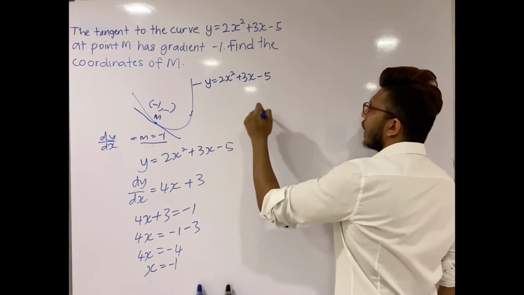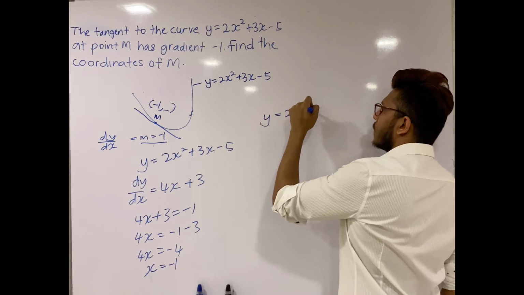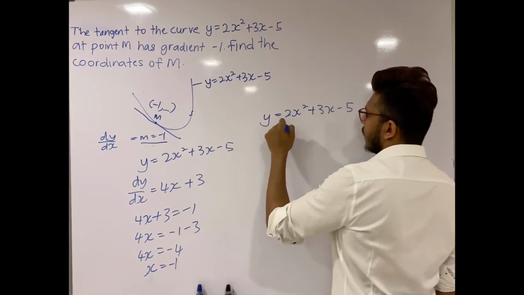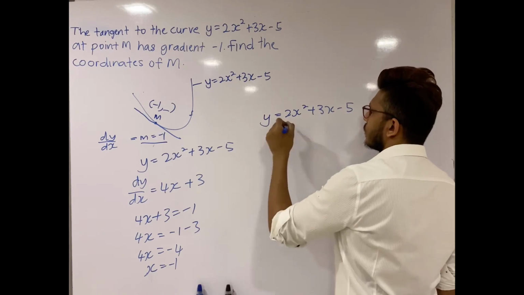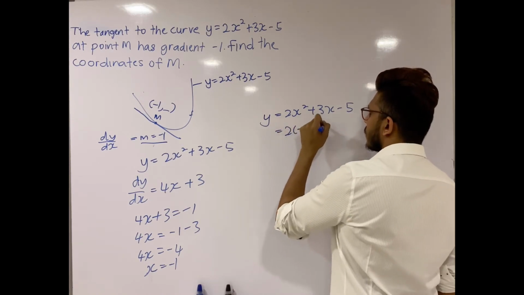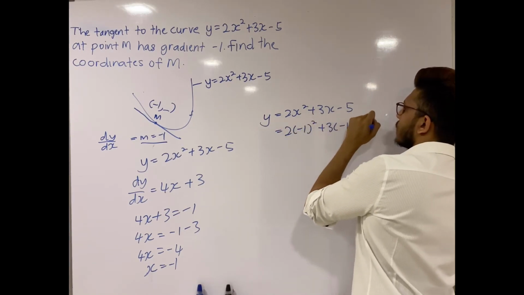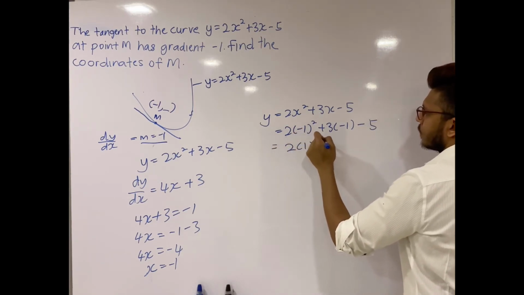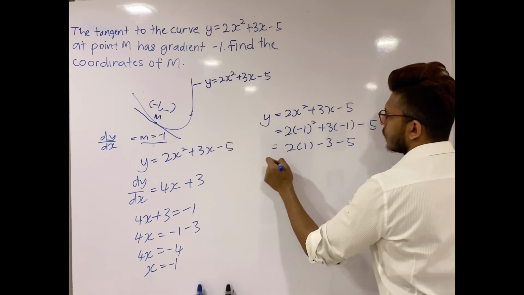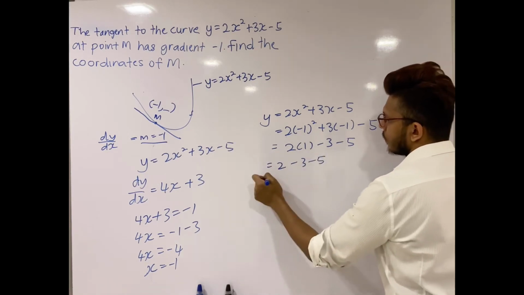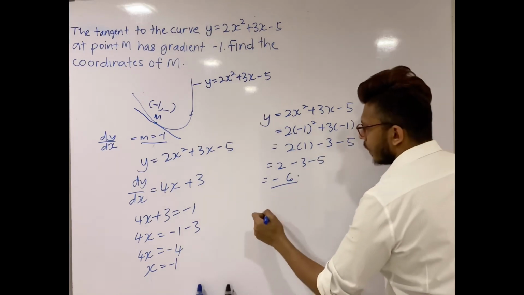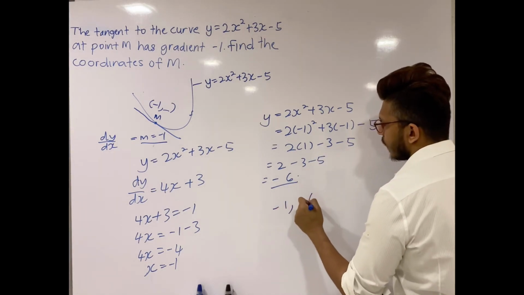So y = 2x² + 3x - 5. So when I substitute x with -1, what do I get? Okay, so our coordinate is going to be (-1, -6).